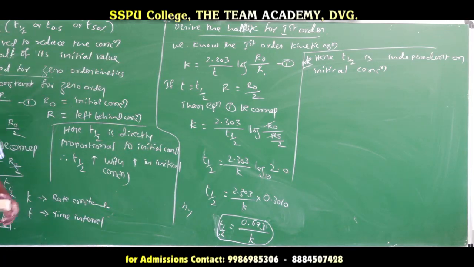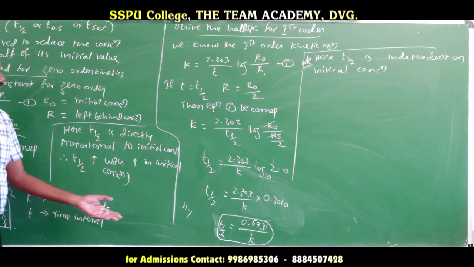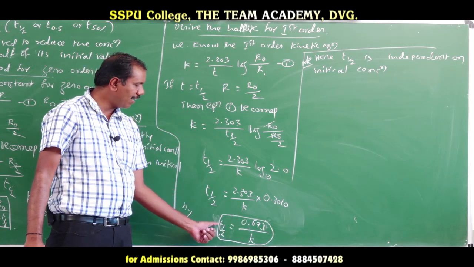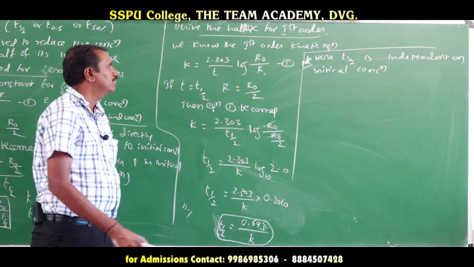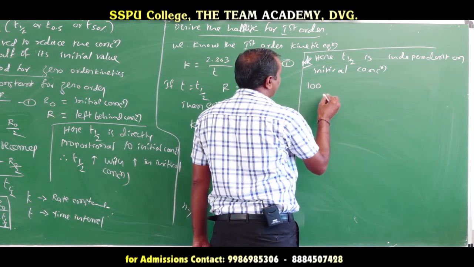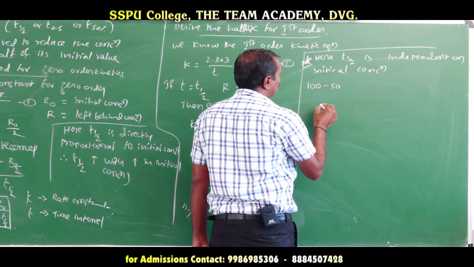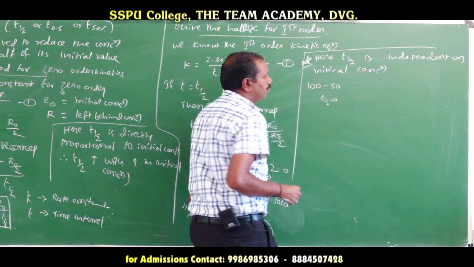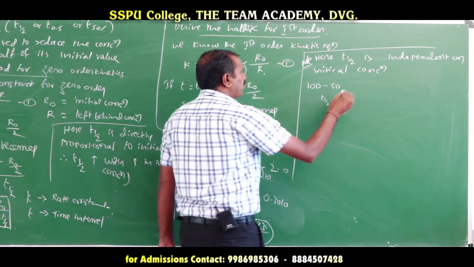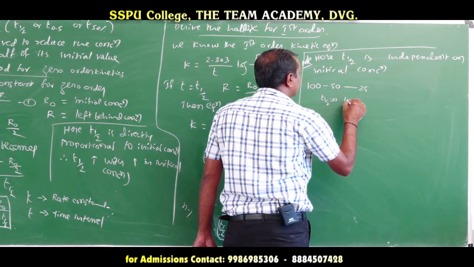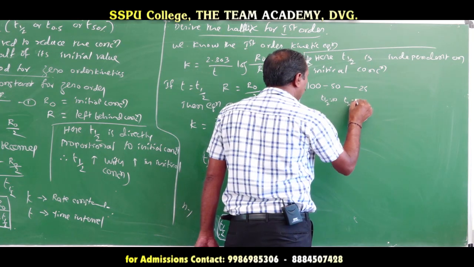It is independent of initial concentration. Whatever the concentration of reactant left behind, the t half always remains constant. Example, if 100 moles of reactant is converted to 50 moles, the time required, that is t half, may be 10 minutes. Even if 50 moles is converted to 25 moles, half of its original value, then t half is 10 minutes only.